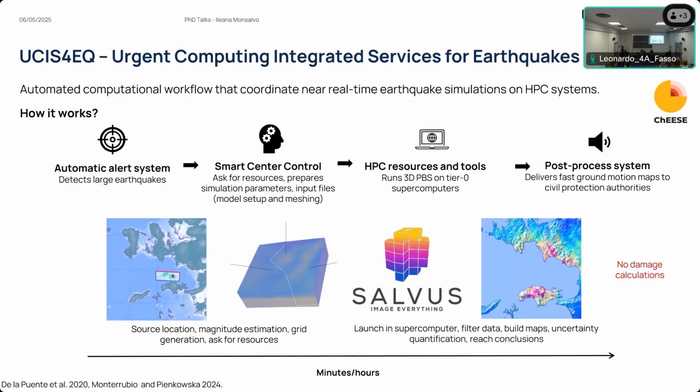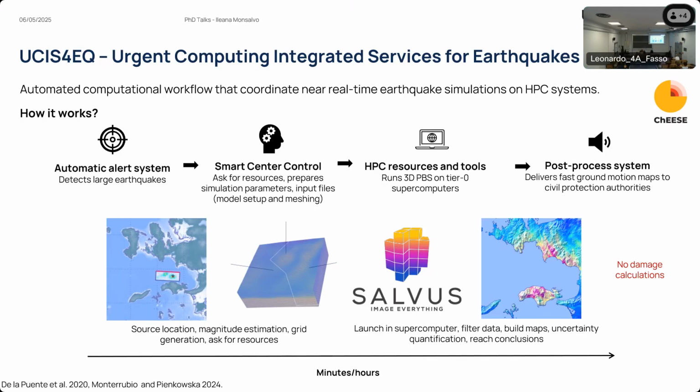Then there is a need to ask for the high performance resources. So this is also part of the workflow. The preparation of the input files that should be given to the software that will carry out the physics-based simulations. And then there is the physics-based simulation itself. And finally, there is the need to post-process this data in order to produce this type of maps that will be the ones used by the civil protection authorities, for example.